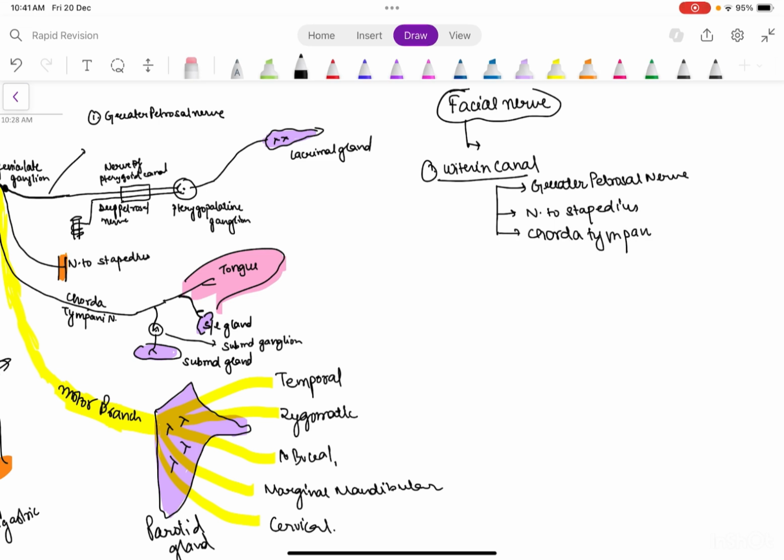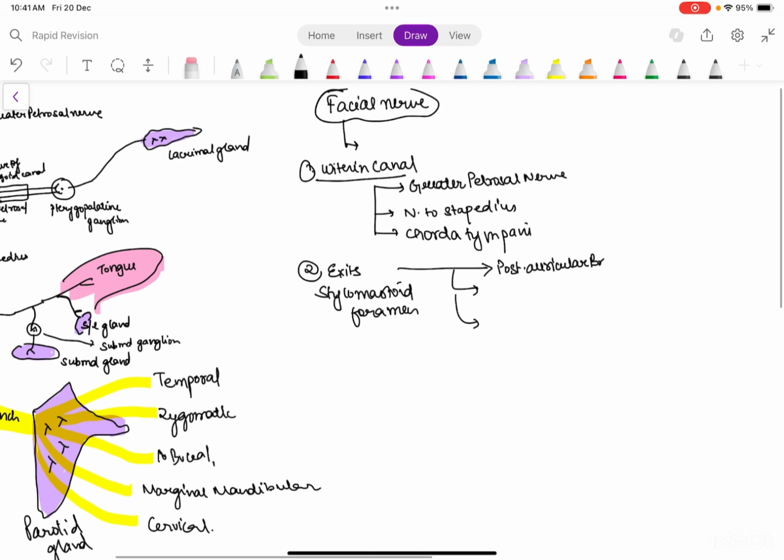Okay. Then there is the second division which exits the stylomastoid foramen. Again there are three branches, all muscular, basically supplying the muscle. The first one that I told you was the posterior auricular branch.